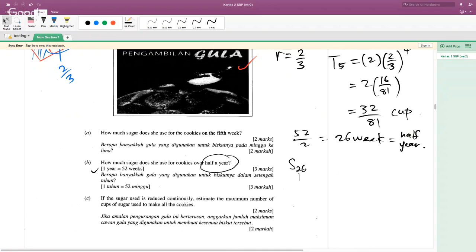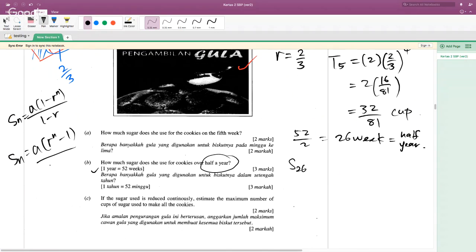For Sn in a GP, you have 4 formulas to choose from. One is Sn equals A times (1 minus R to the power of n) over (1 minus R). The other one is Sn equals A times (R to the power of n minus 1) over (R minus 1).